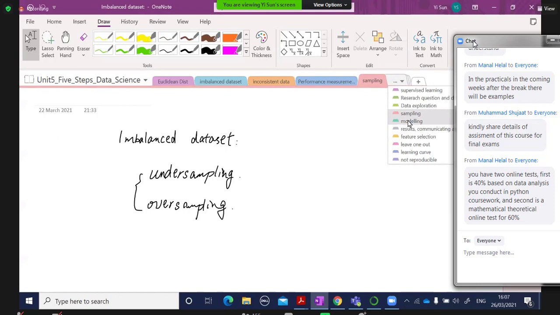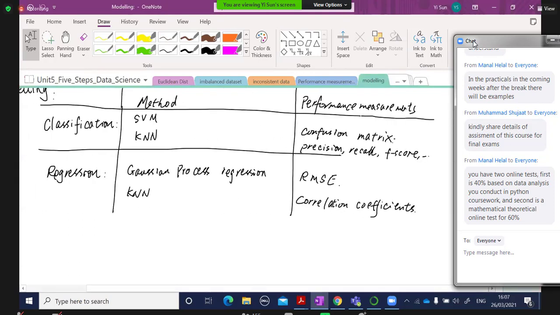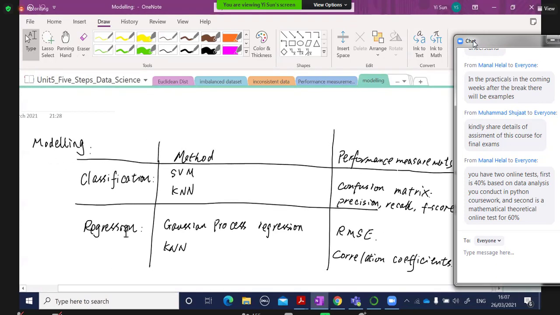Now, when she was doing the modeling for her project, she considered both classification and regression. For classification, she used support vector machine and k-nearest neighbor. For regression, she used k-nearest neighbor and also Gaussian process regression.